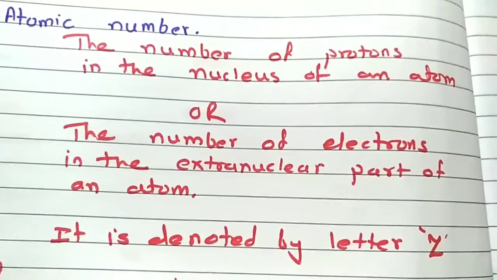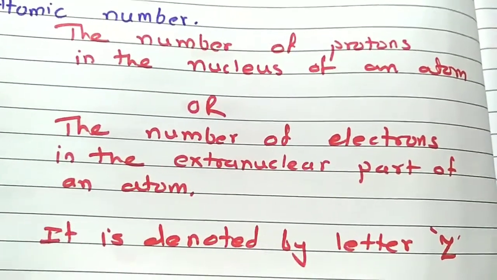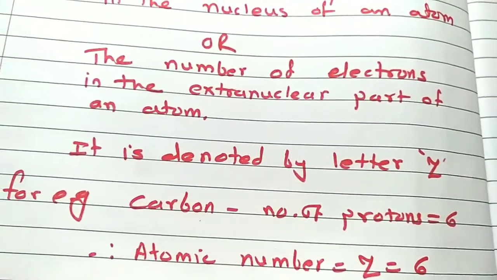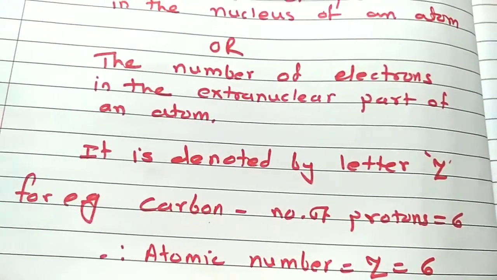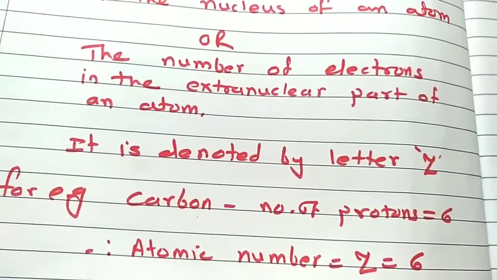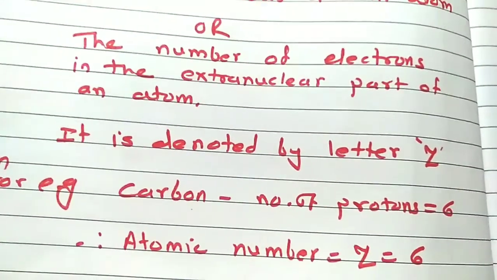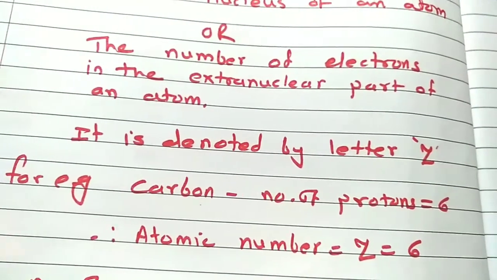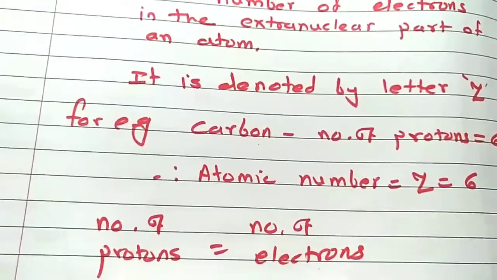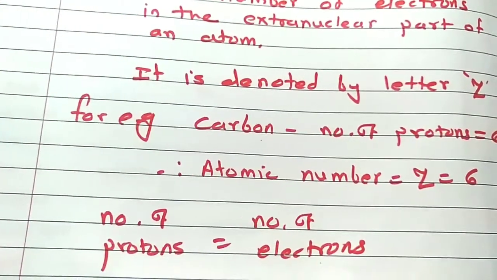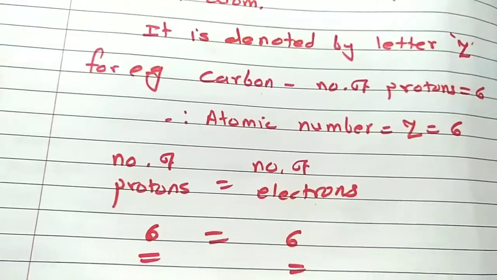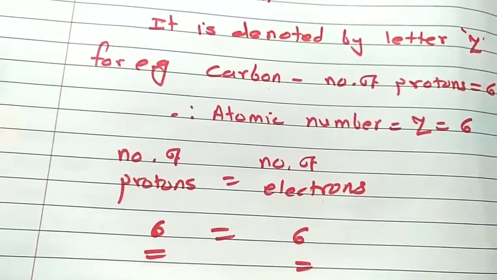Atomic number is denoted by the letter Z. For example, carbon, whose symbol is C, has 6 protons. Therefore the atomic number of carbon, Z, is equal to 6. Since carbon has 6 protons, the number of electrons in carbon is also 6.